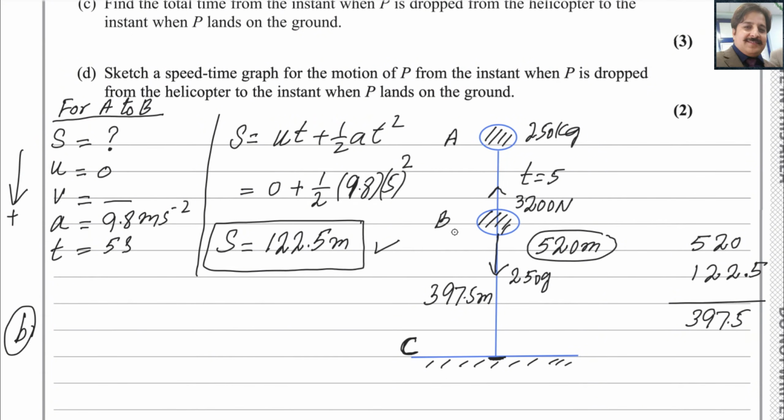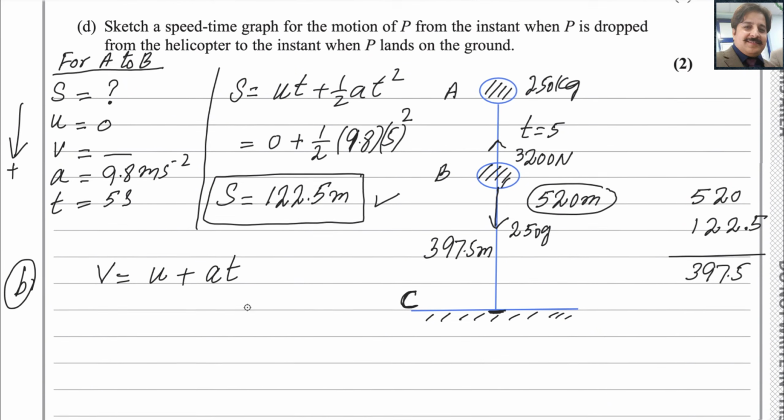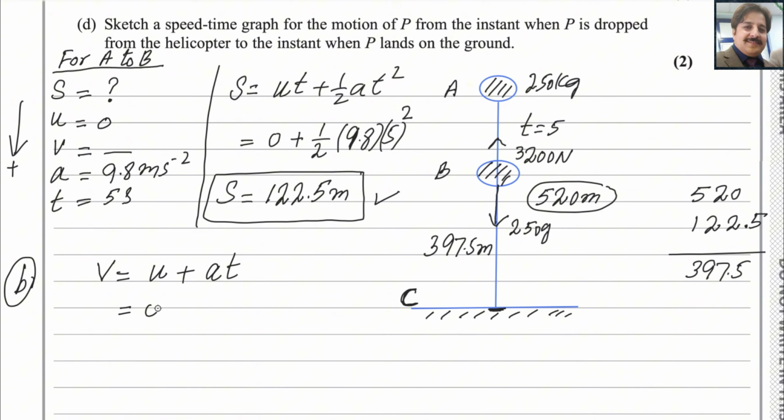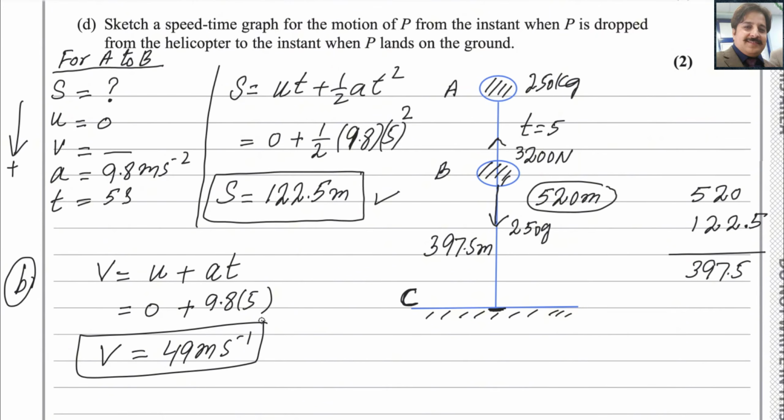To find that final speed when the particle arrives at point B, use the formula V equals U plus AT. U was 0, acceleration is 9.8 and time taken is 5. So the final speed when it reaches point B is 49 meters per second.